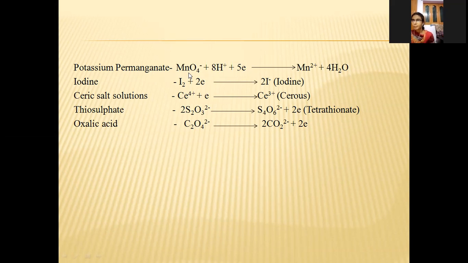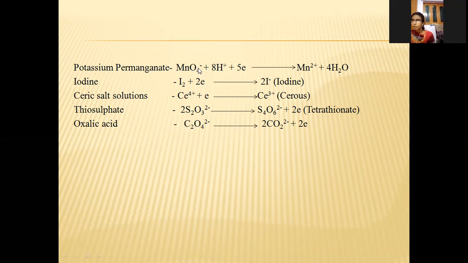MnO4 minus plus 8 hydrogen ions and 5 electrons gives manganese Mn2+ plus 4 water molecules.